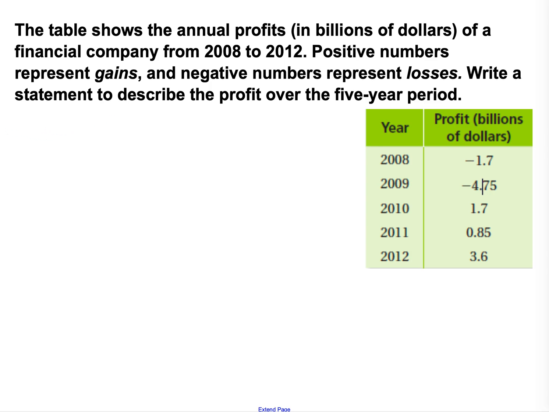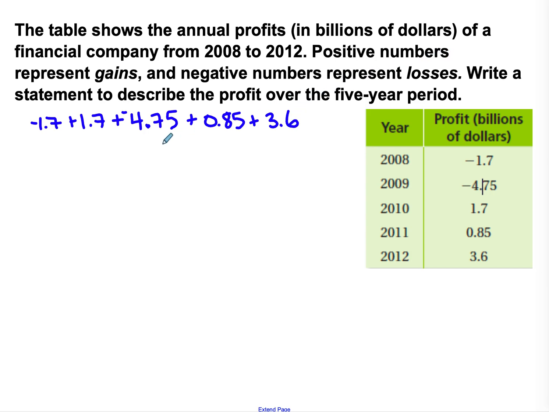So I'm going to start by writing my problem, but I'm going to use the commutative property to write the inverses next to each other. So negative 1 and 7/10 plus 1 and 7/10 plus 4, ooh, that's a negative 4, and 75 hundredths plus 85 hundredths plus 3 and 6/10.